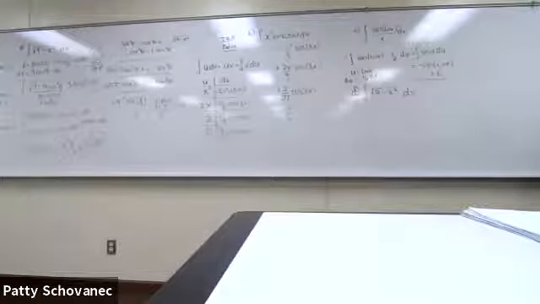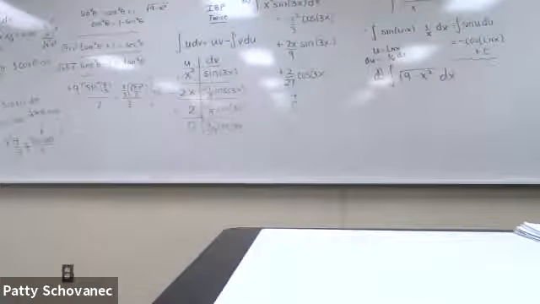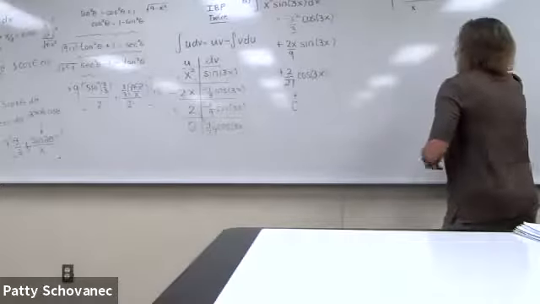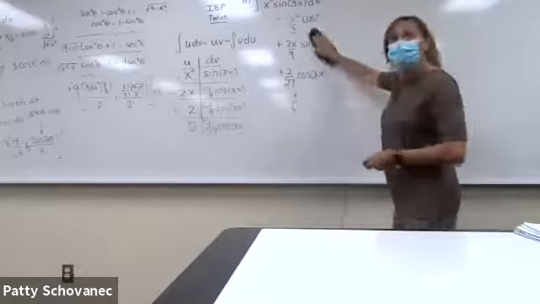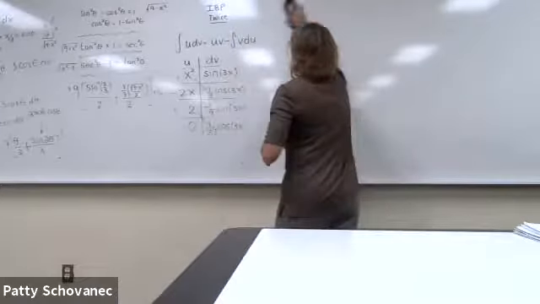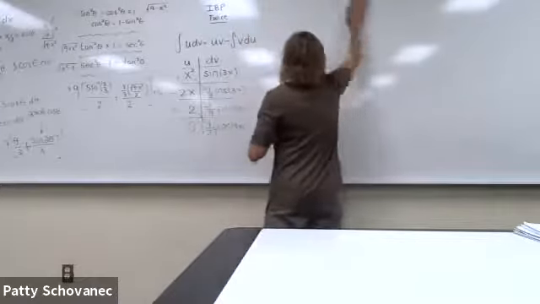Okay, now we're getting to the sequence and series part of the course. So, let's look at this. What does it mean for a sequence to converge? A sequence converges if it has any limit.